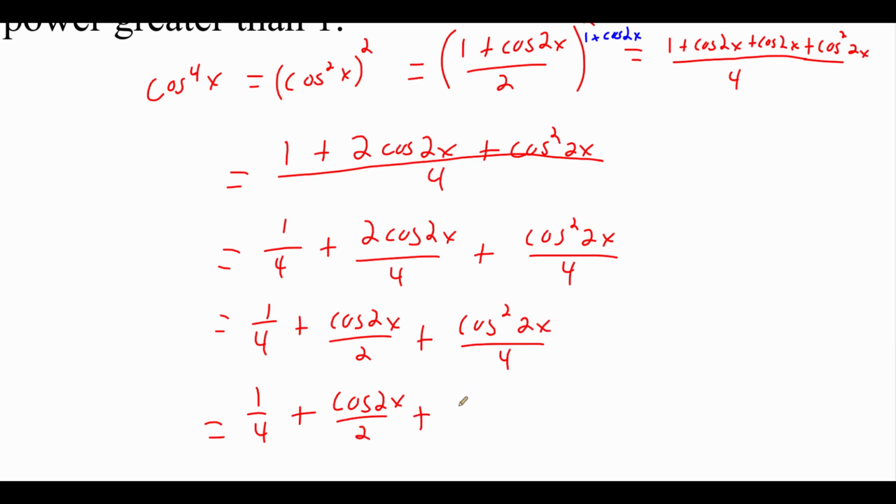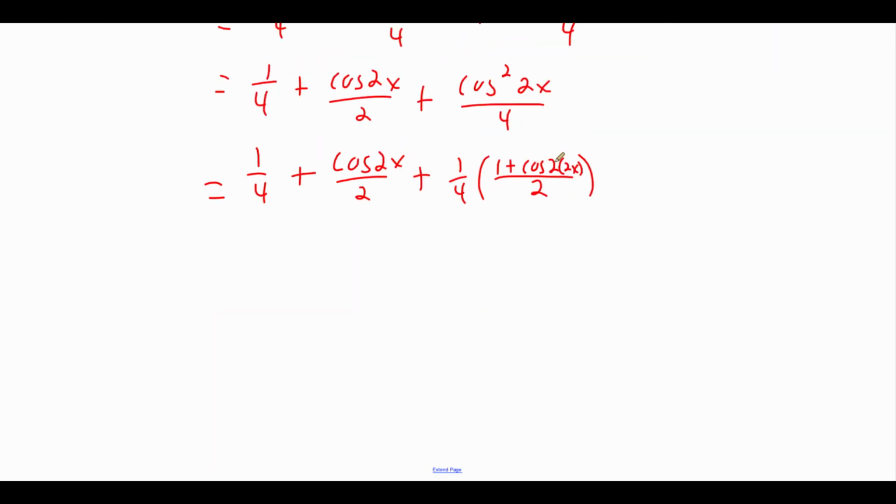But what I can do with this is make this 1/4 times, and then I'm going to use my power-reducing identity again with this. So this is going to be 1 plus the cosine of 2 times 2x over 2. Now that 2 times 2x is really just going to turn into a 4x.